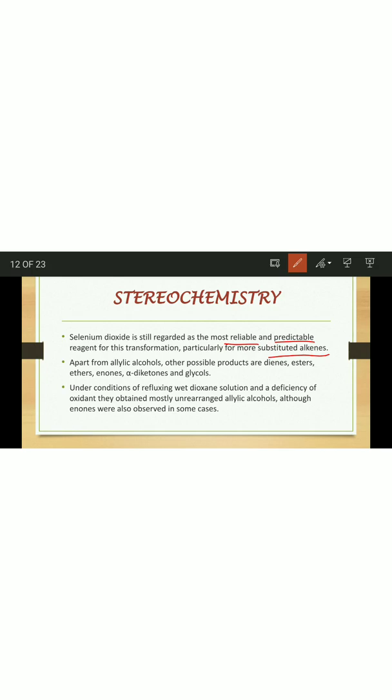Apart from the allylic alcohols, other possible products are the dienes, esters, ethers, enones, alpha diketones, and the glycols. Under conditions of refluxing wet dioxane solution and a deficiency of oxidant, they obtained mostly unrearranged allylic alcohols, although enones were also observed in some cases.